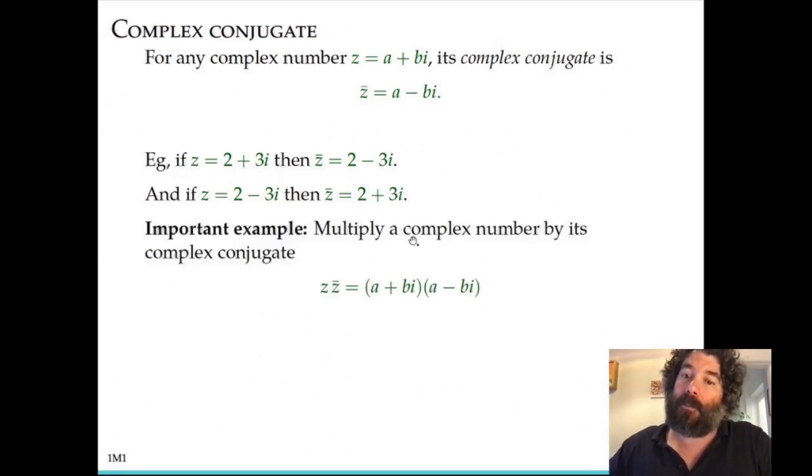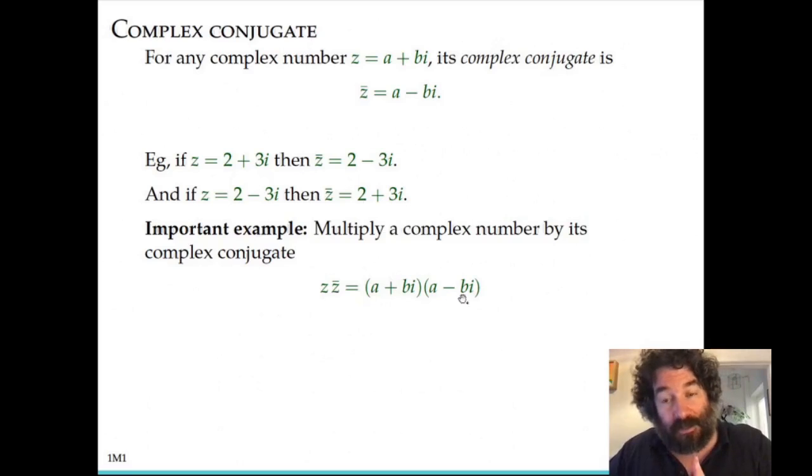Okay, so an important example occurs when we multiply a complex number by its complex conjugate. So here we have z, a complex number, a plus bi, times z bar, which is the complex conjugate of z. So this is a plus bi times a minus bi. We work this out just like described on the previous slide.